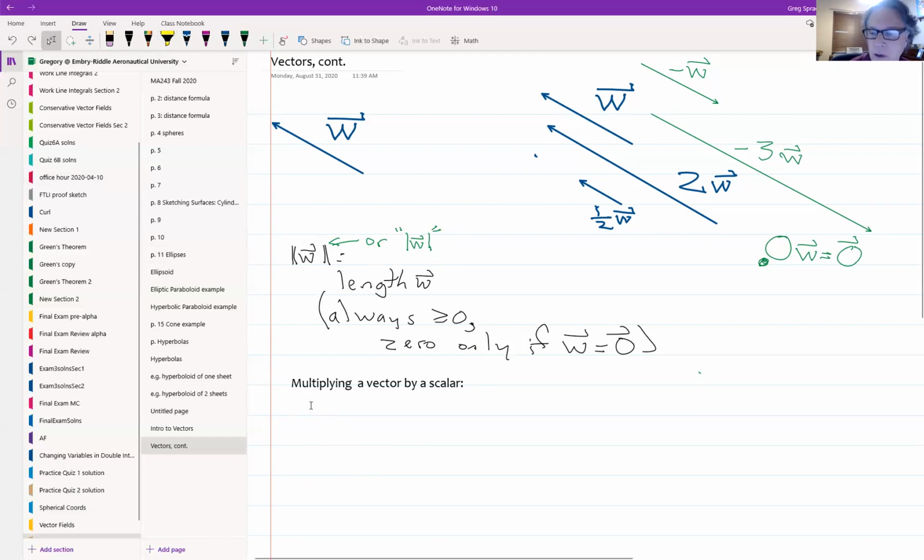I write down in words what multiplying a vector by a scalar does.